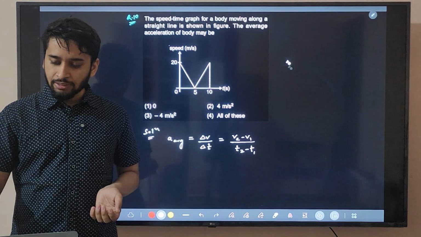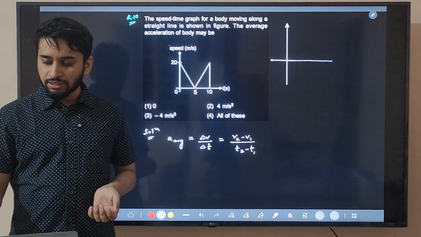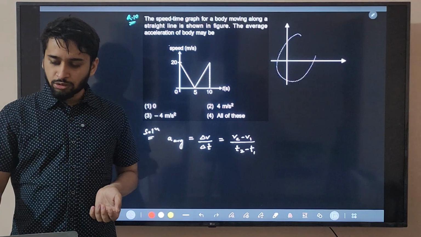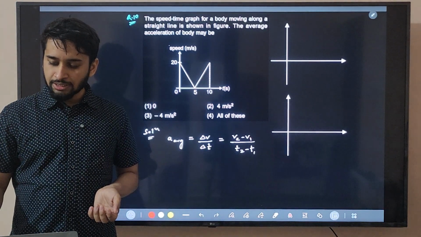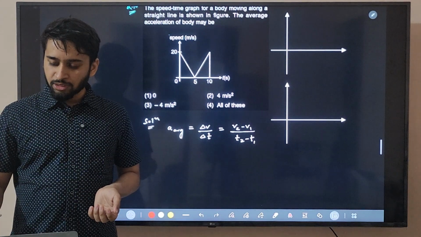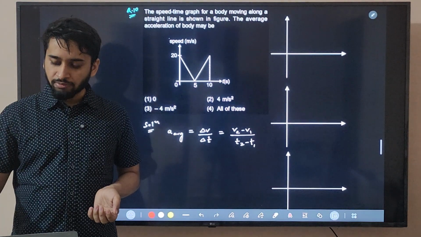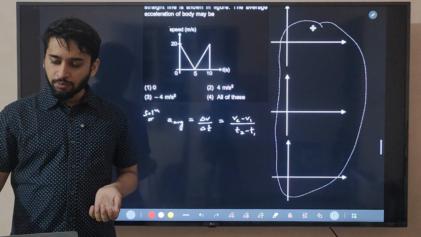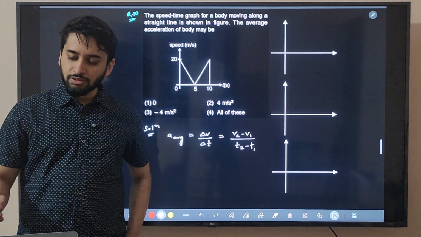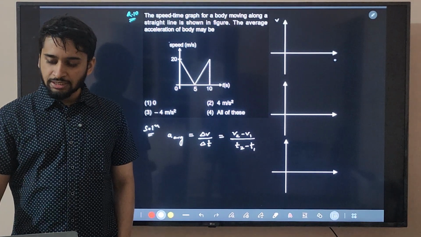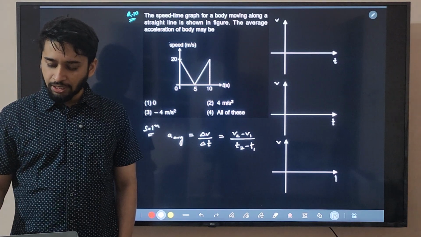Let me make it simple and chalk out all the possibilities, the different possibilities for the velocity time graph for this particular case. So this is velocity, this is time; this is velocity, this is time.